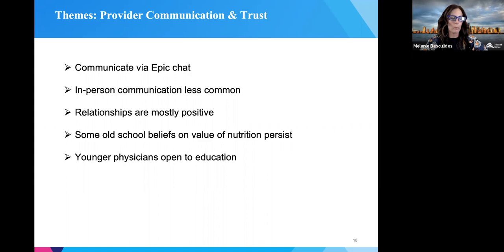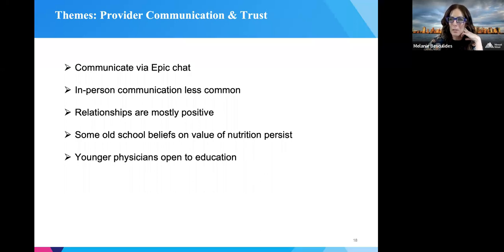One thing that we were pleasantly, not surprised, but we were happy to see is that the relationships between RDs and physicians was actually very positive. That for the most part, physicians trusted the RD diagnosis. There were some old school beliefs about nutrition, for example, that low albumin always equals malnutrition.